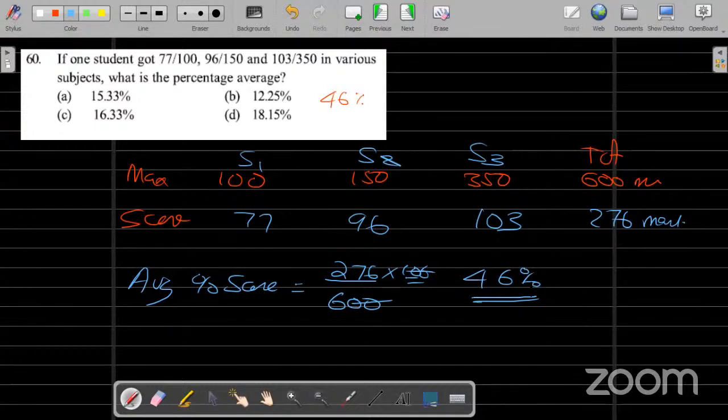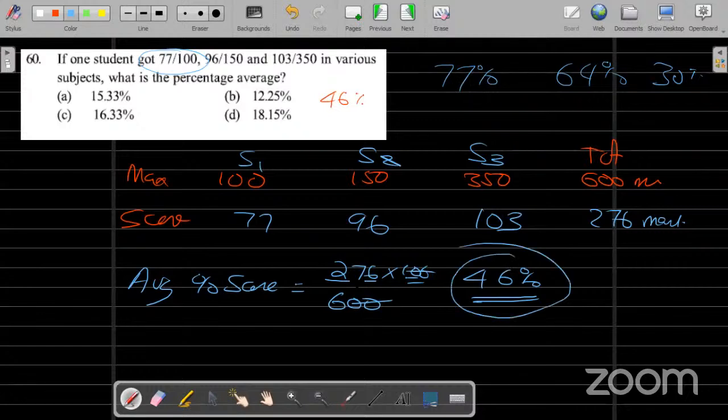They have divided that again by 3, but this is the average percentage. For the first one, he got 77%. Second one, he got approximately 64%. Third one, he got approximately 30%. On an average, he gets 46%.